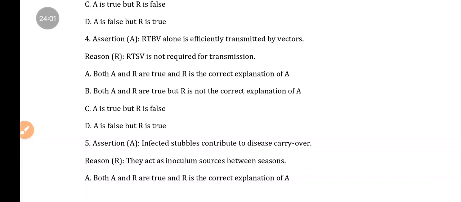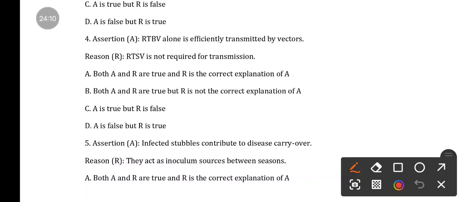Then assertion 4: Rice Tungro Bacilliform alone is efficiently transmitted by vector. No, it is not transmitted efficiently alone. The Rice Tungro Spherical is required for transmission. Both are false.